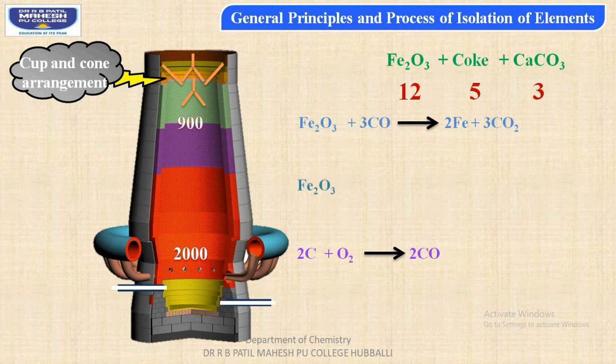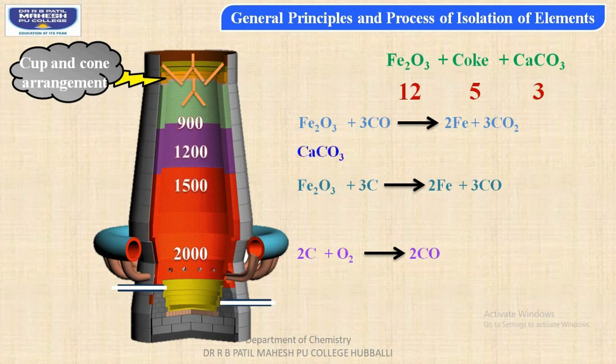And in the next reaction, ferric oxide can even react with the coke directly, that is the carbon, at 900 degrees Celsius to form elemental iron with the liberation of carbon monoxide vapors.